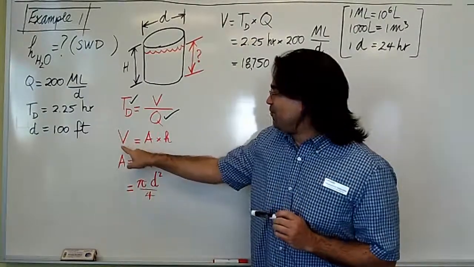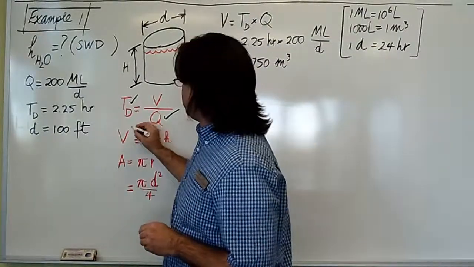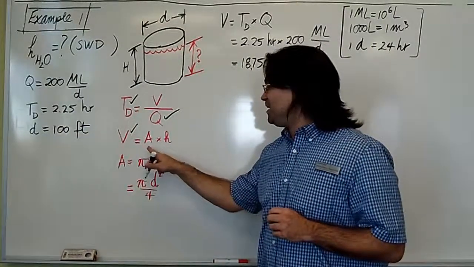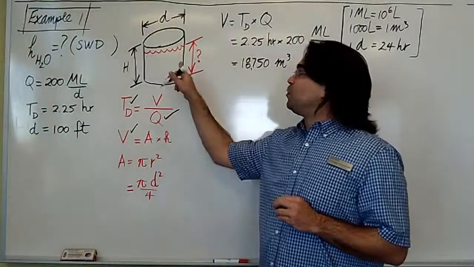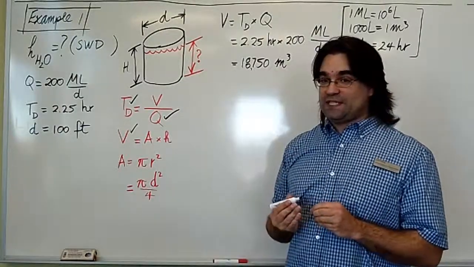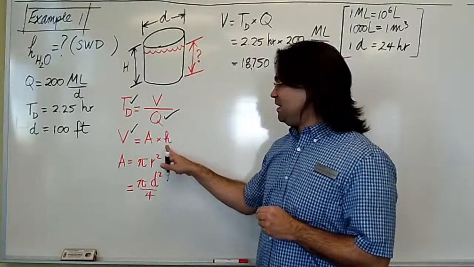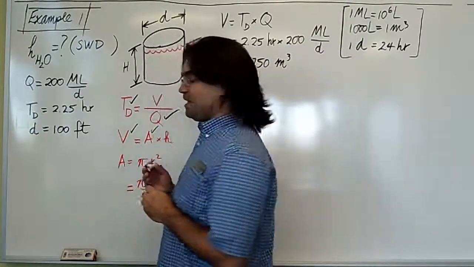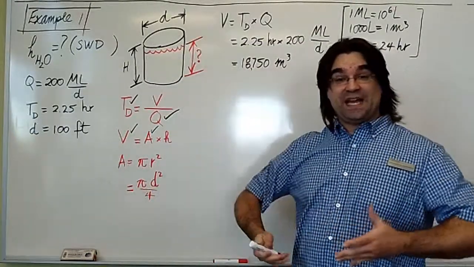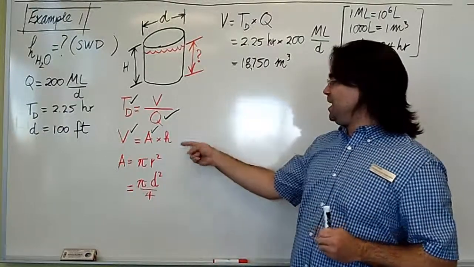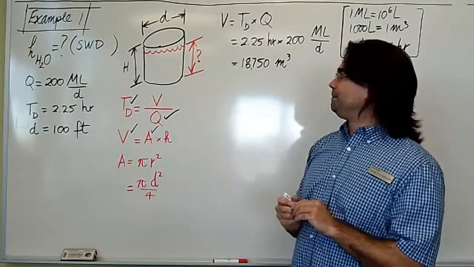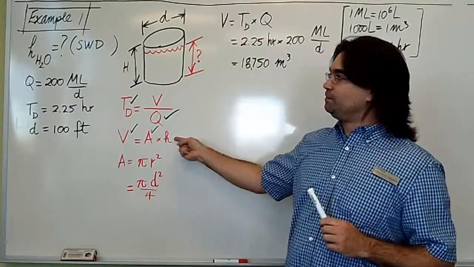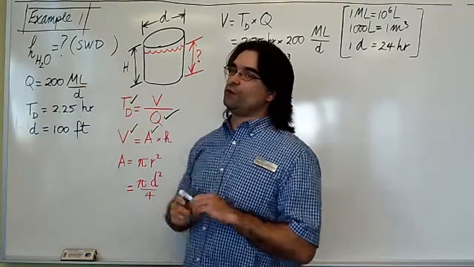And again, this is the volume of water in that settling tank. Okay, I have the volume of water. I can calculate the area of this 100-foot diameter settling tank, and I then calculate the height of water. I'm sure you figured out that by now the answer is yes, so let's do it. I'm going to now use this formula. I'm going to rearrange it in terms of the height of water, because that's what we're looking for.